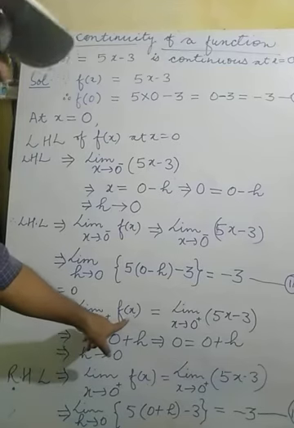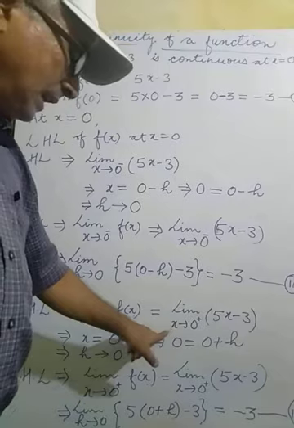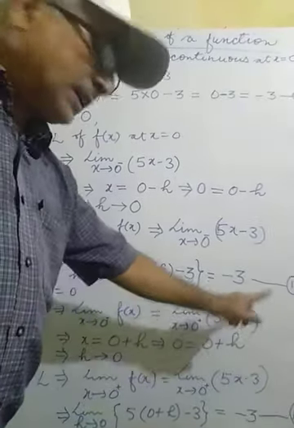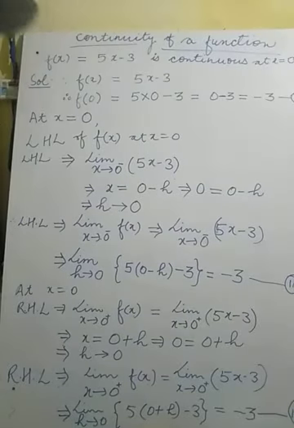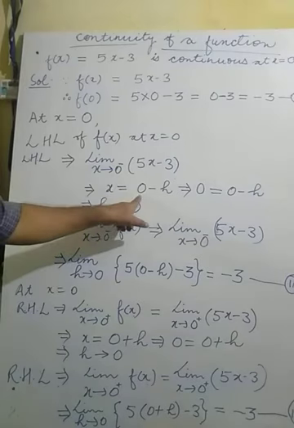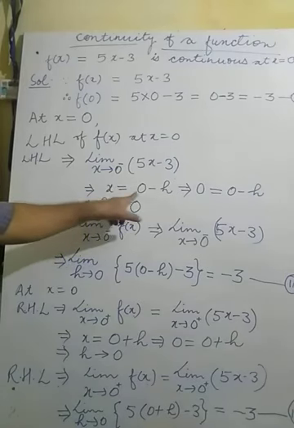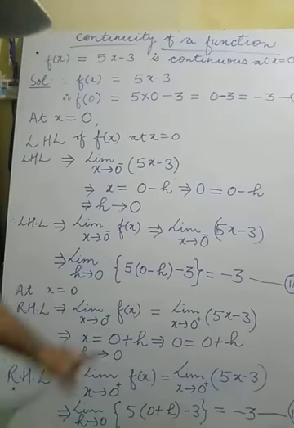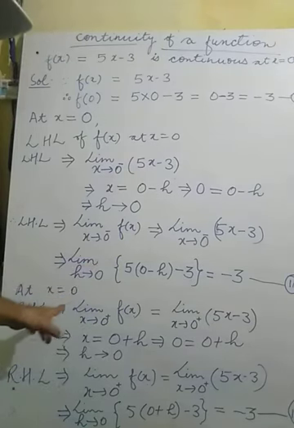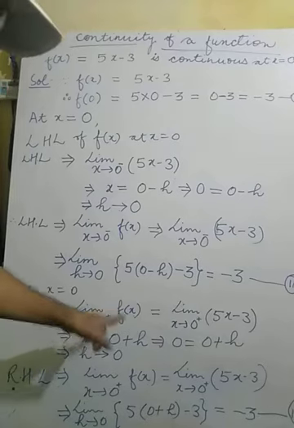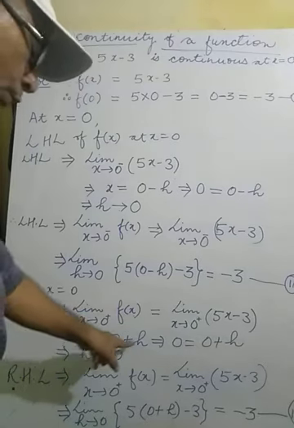So of the function, that will be limit x extends to 0 plus, and f(x) is what? 5x minus 3. Now in the place of x, which value is taken? Here it was taken 0 minus h. Here we have to take 0 plus h, because we have to calculate limit 0 plus, positive value is there. So h more than 0. So x is equal to 0 plus h.